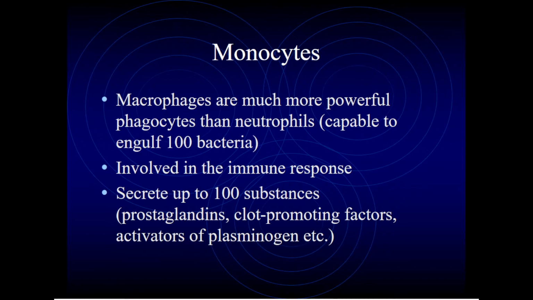They recognize antigen and are involved in antibacterial, antiviral, antiparasitic, and anti-tumor immunity due to the release of various substances. More than 100 substances are secreted by monocytes, for example interleukins, interferon, complement system proteins, cytokines, clot-promoting factors, prostaglandins, activators of plasminogen, etc.